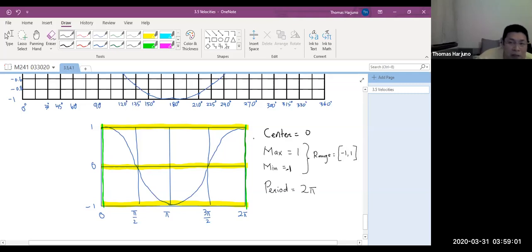Now, because the maximum is 1 and the minimum is -1, it's actually fluctuating from 0, goes up 1, and goes down 1. Then we say the amplitude is 1.